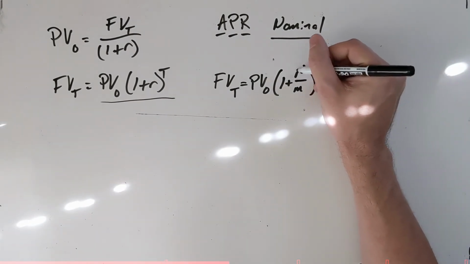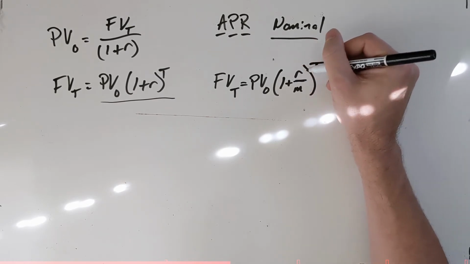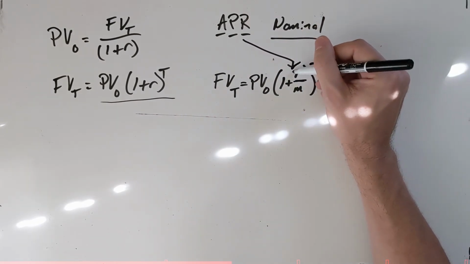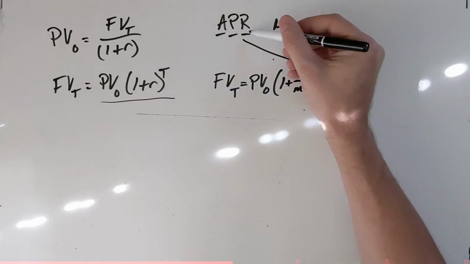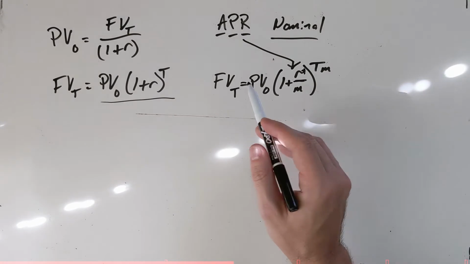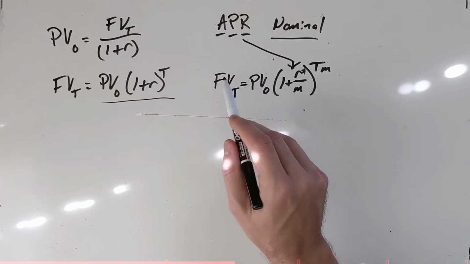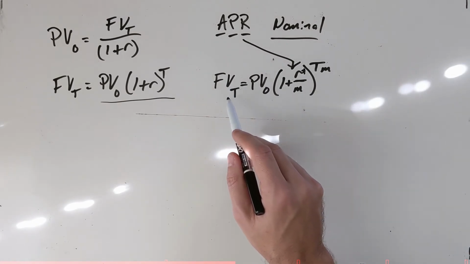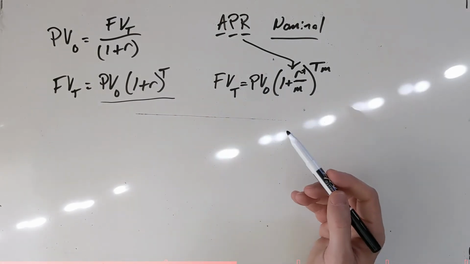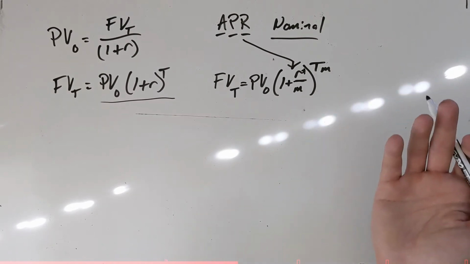That means that this r is being divided into m number of pieces, and so r is APR. So they are telling you this number when they tell you the APR. Now, here's the thing. If you borrow this amount of money today and pay off your loan all in one lump sum at the end of the year, this rate won't tell you how much more money you owe, which means it's not really the true rate of interest on an annual basis.